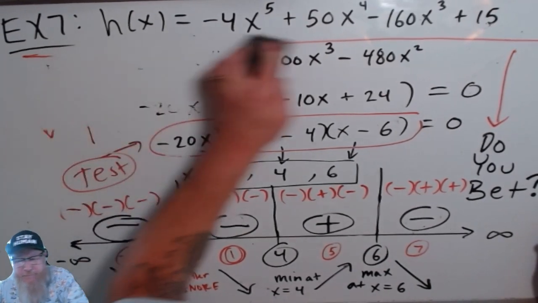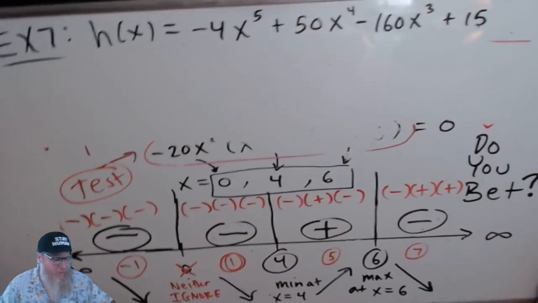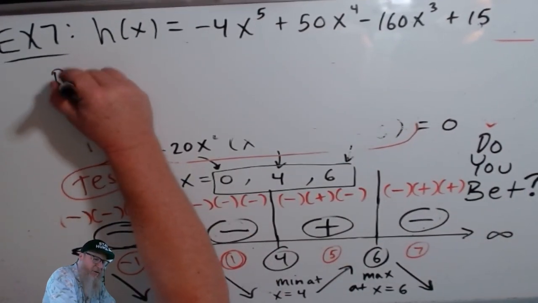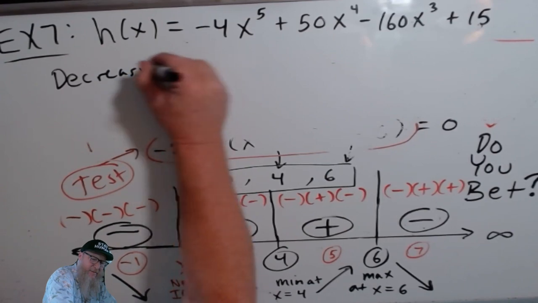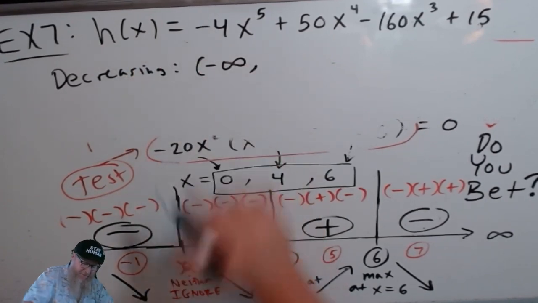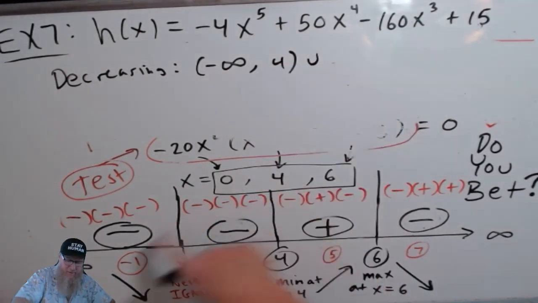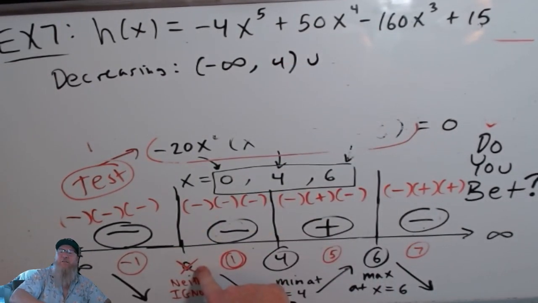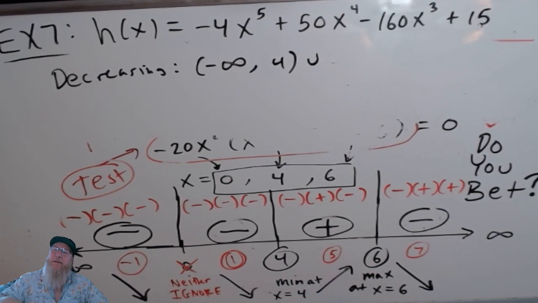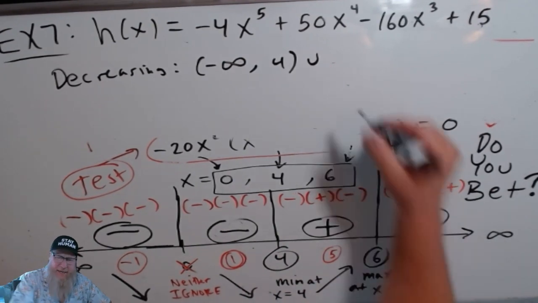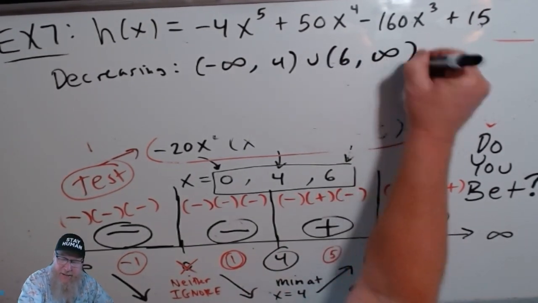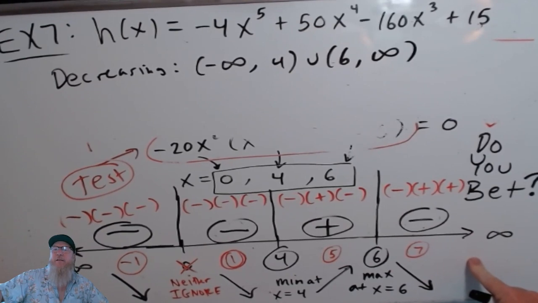All right, so let's summarize our results. We have decreasing, negative infinity all the way to 4. You just ignore that 0. You go right over it like it never happened. It's like a bump in the road, but it's still decreasing. And then again from 6 to infinity, decreasing.